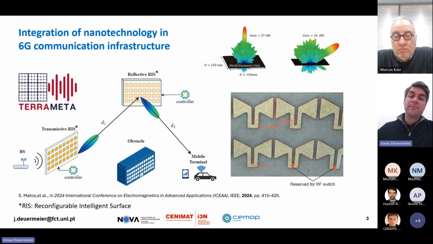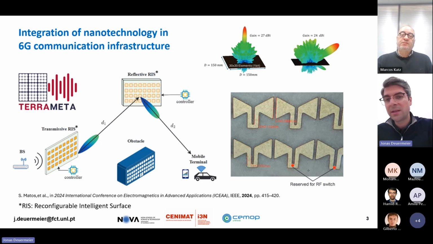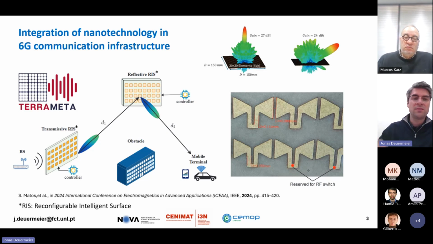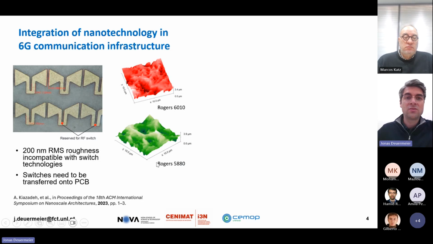This is needed because behind this surface, in a reflective case, for example, all the support circuitry is located. With a PCB that is easy to implement, and you can benefit from all the available technology. The problem of the PCB for us in the nanotechnology field is that it is really rough.